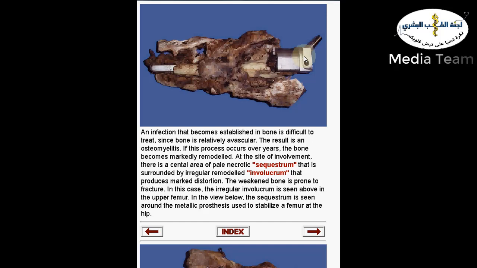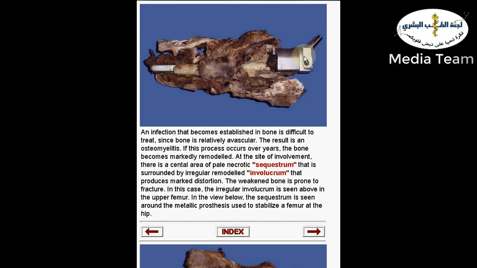Now, fractures can be traumatic, due to trauma, or sometimes pathological fractures. Pathological fractures are called pathological because they happen due to weakness in that bone. This weakness may be caused by infection of the bone, like in this case, and bone infection we call osteomyelitis, or it can be due to a lesion in that bone.